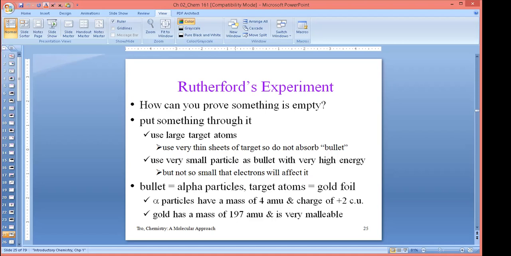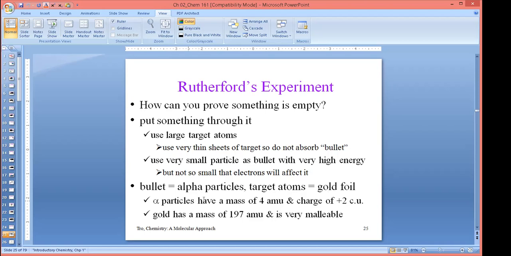So your bullet is the alpha particle, and then they took just like aluminum foil, but they used gold because it's much bigger and heavier, and basically rolled it into a really thin sheet to where it's almost one atom thick. Now gold has a heavy mass, 197, let's round up and call it 200.